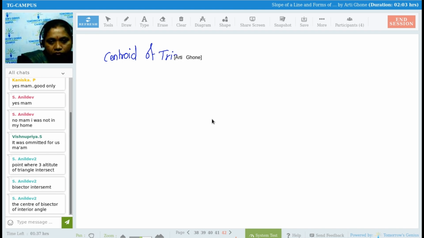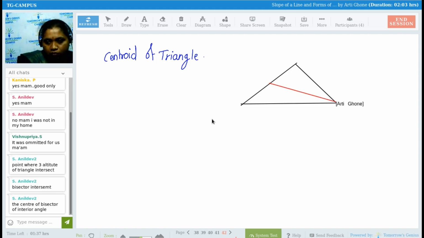So the centroid of a triangle: this is a median, this is a median, and this is a median.